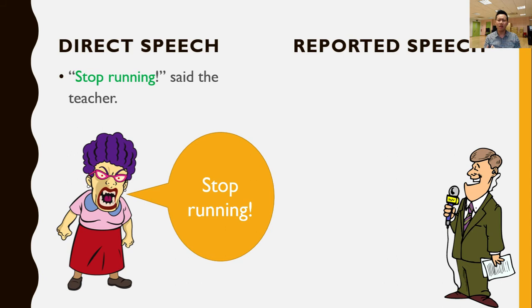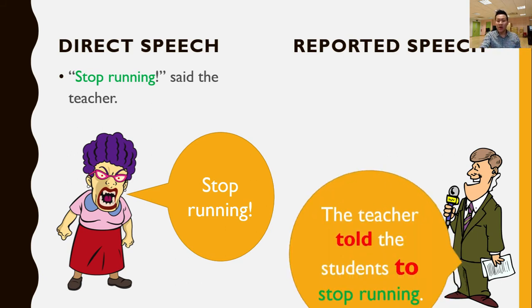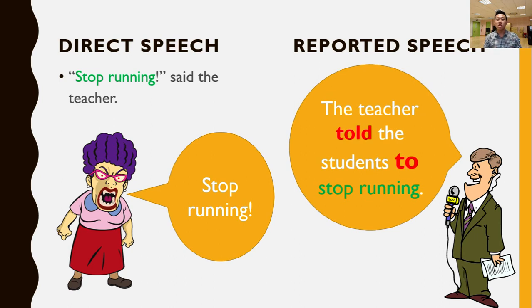It sounds weird. So instead of adding the word "that," you'll say, the teacher told the students to stop running. You may be a little bit confused right now, but in this case, if it's addressed to students, then that's when we put in the object. The teacher told the students to, and then we add in what has been reported, to stop running.